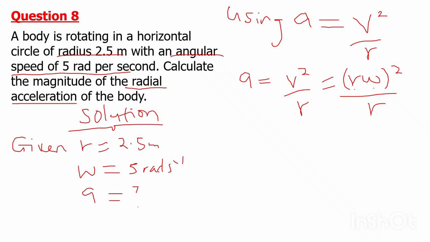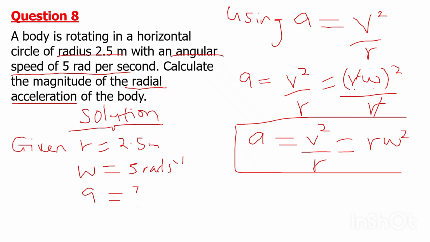So I squared it, and one r inside will cancel one r, so that a, which is v squared over r, is equal to r omega squared. Please note this second formula for centripetal acceleration. Very, very important. You can see it as a is equal to omega squared r, which is still correct.